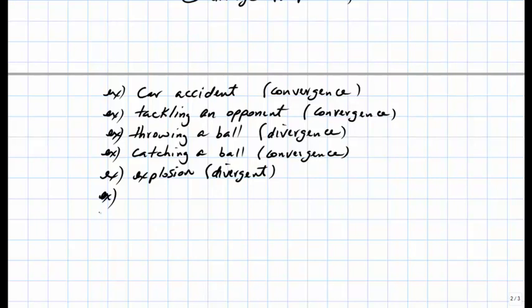Shooting a bullet from a gun is also considered to be a collision. And of course, that's a divergent event.